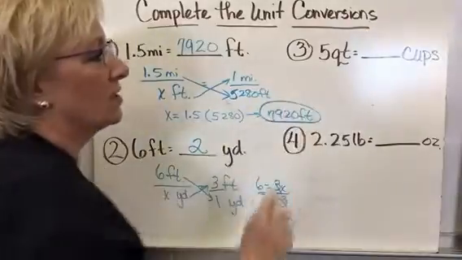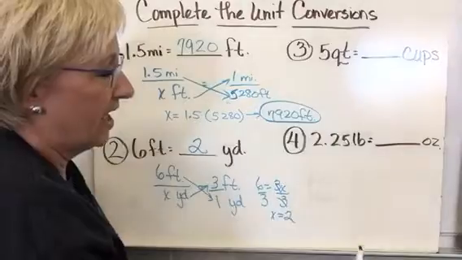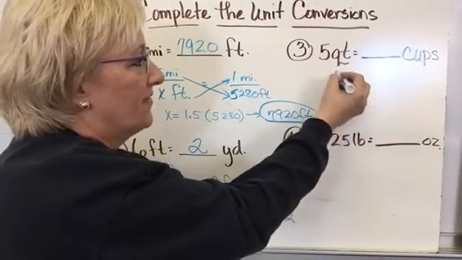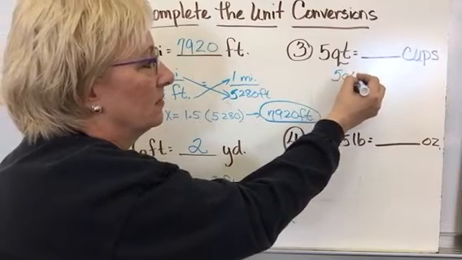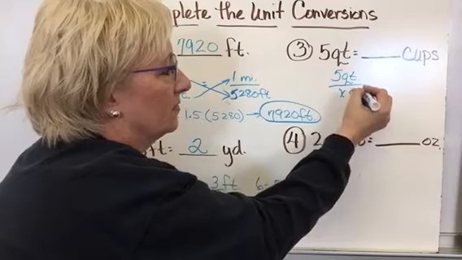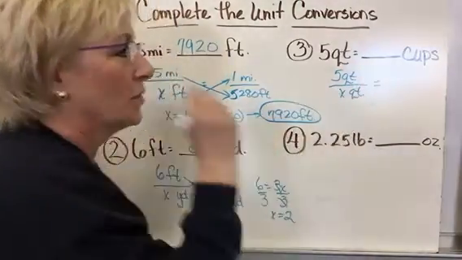Now we're going to look at quarts. I know that in 1 quart I have 4 cups, okay? But I want to know how many cups are in 5 quarts. So I'm going to say 5 quarts is equal to x cups, that's what I'm trying to find. And I'm going to make it equal to what I do know.